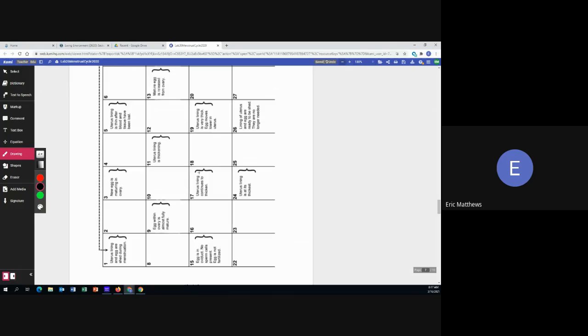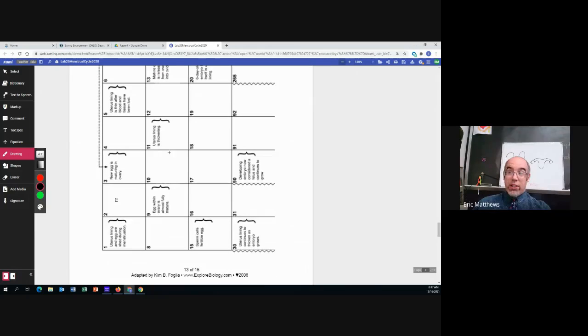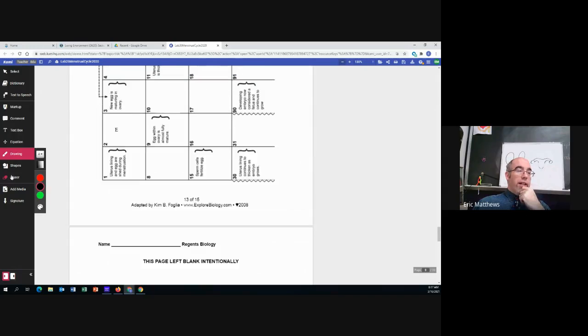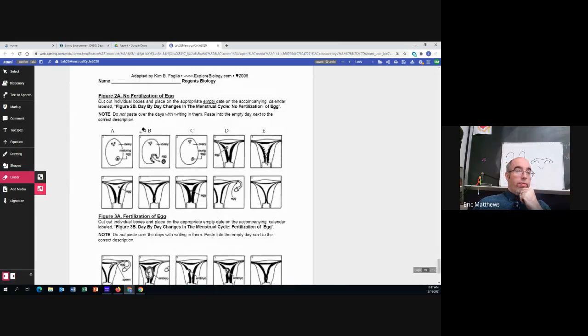It says that the egg is unfertilized, and so this is our no fert. The second one, the label is right up here, big and easy to read. The second calendar is for fertilization. But how do we do it? Well, the idea would be that you come down here to these pictures. This first set is the no fertilization.